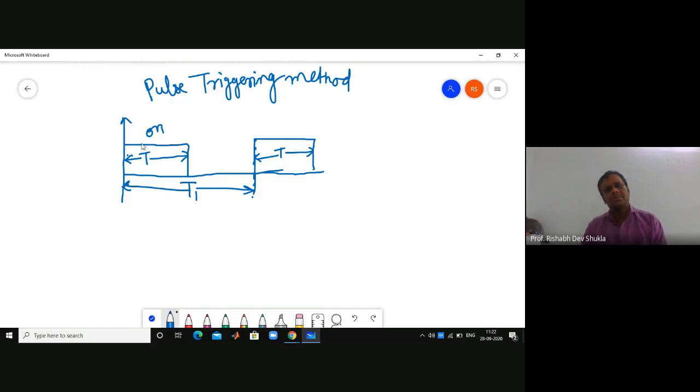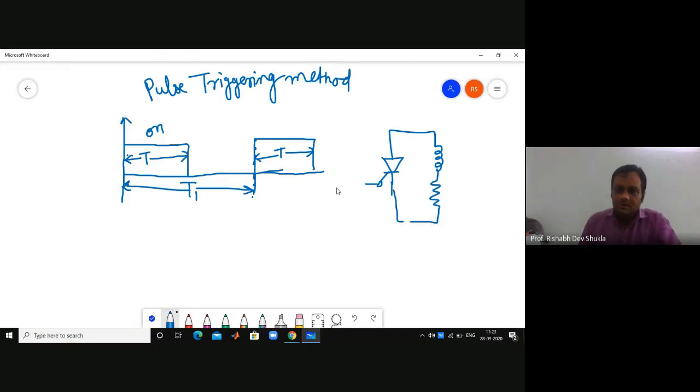This is your on duration. So this type of pulse is applied to the thyristor to turn it on. Pulse triggering method.